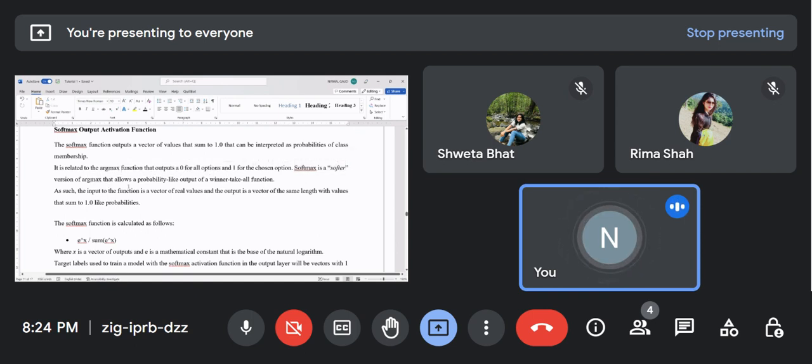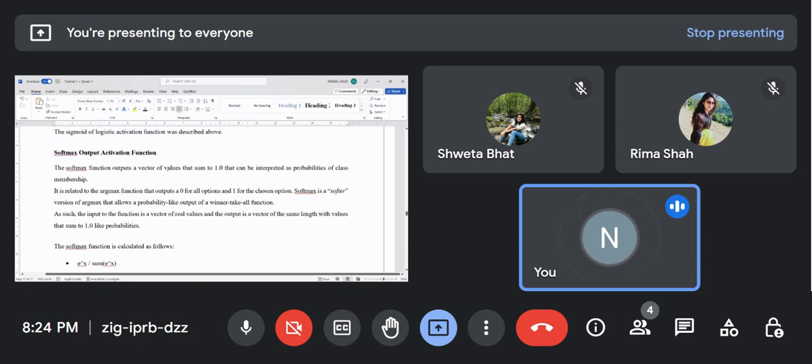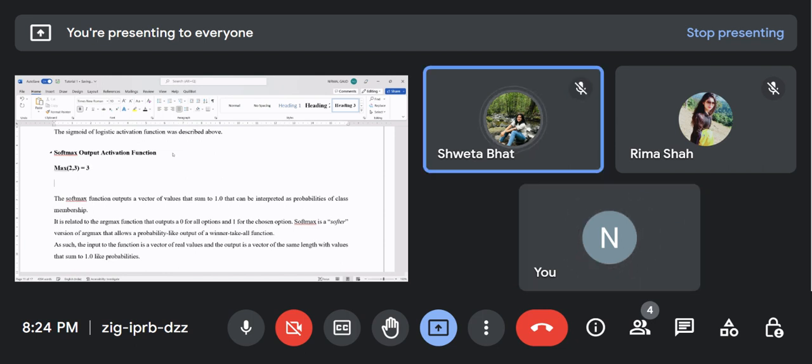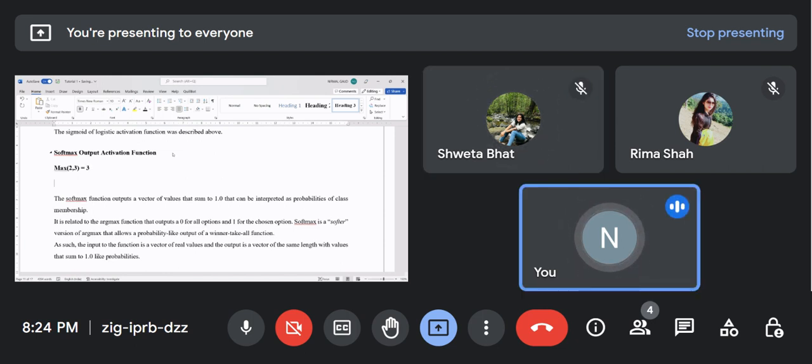What is argmax? Let us first describe max. If I have two values, 2 comma 3, what will be the result from the max function? 3. Now, for example, I have created a list equal to [2, 3].